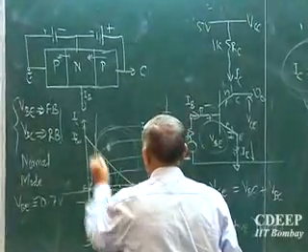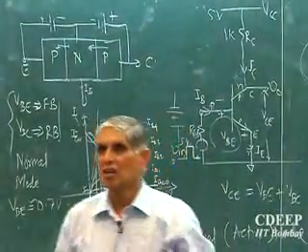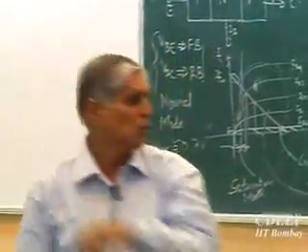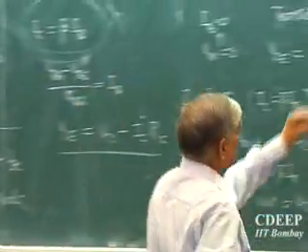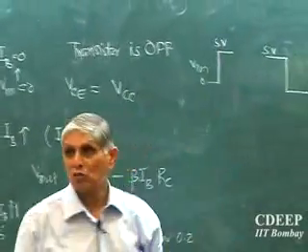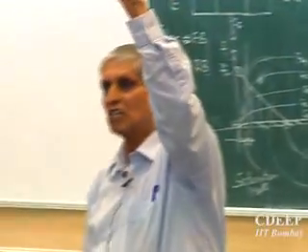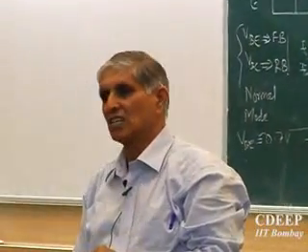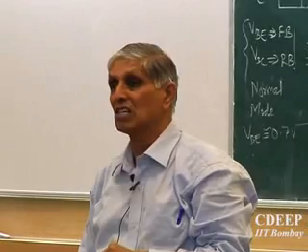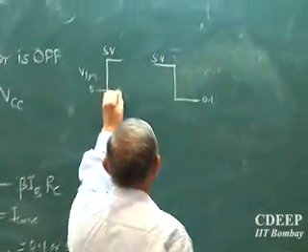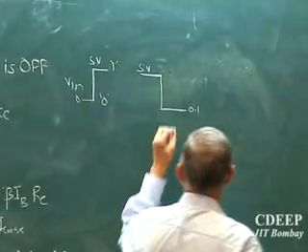You only transit through active mode, because the voltages are rising very fast from here to here. So you quickly go through the active mode and reach saturation. This is essentially the digital circuit inverter, because there I put in 0, 1. This 0 to 5 volt can be declared as the 0 and 1 values of digital logic.